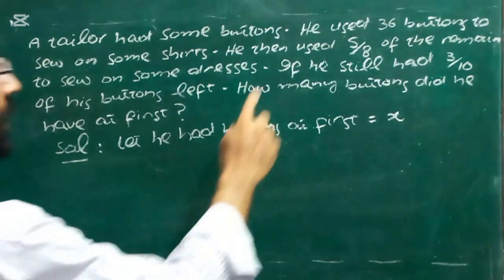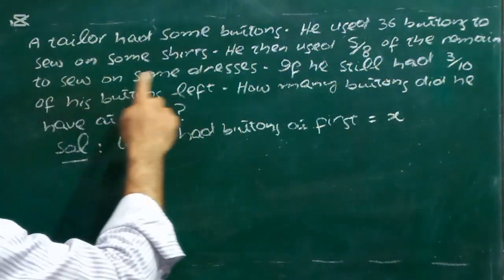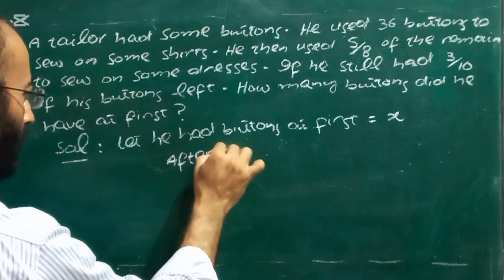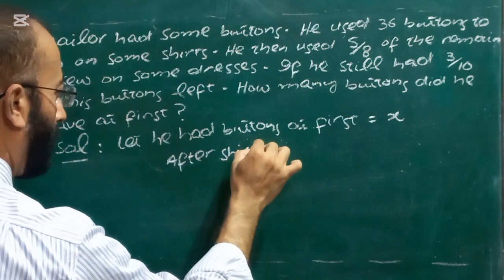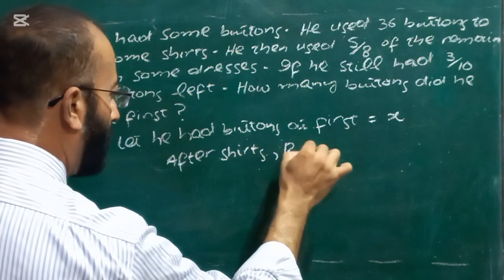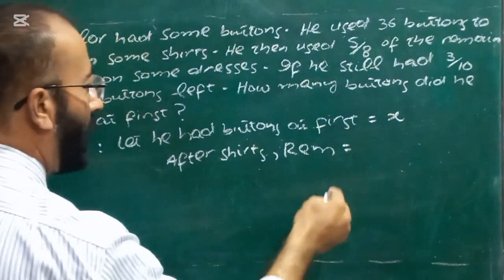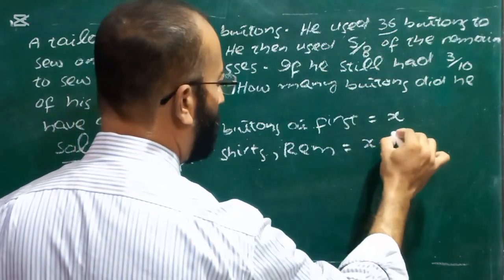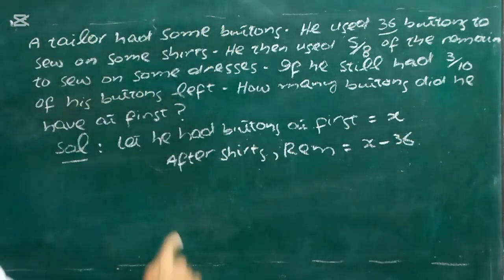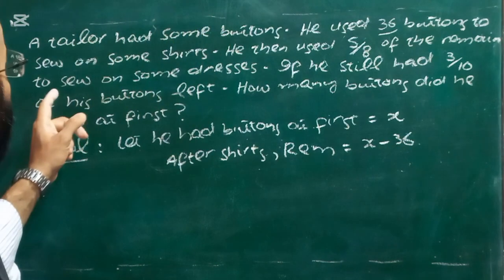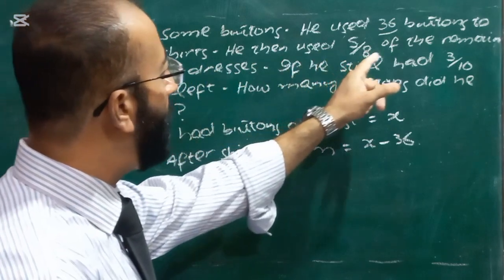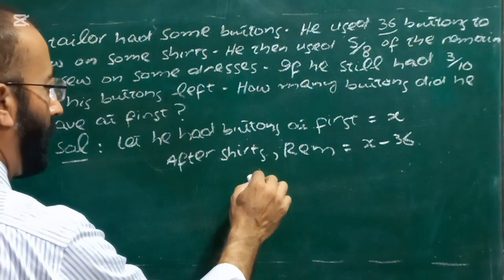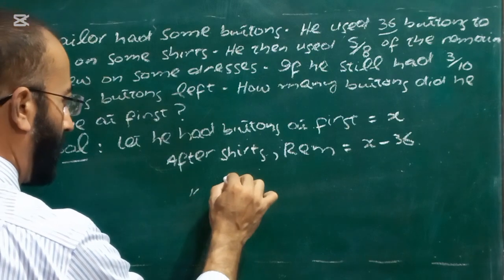Okay, look now. He used 36 buttons to sew on some shirts. So after shirts, the remainder will be X minus 36, as buttons are used in the shirts. So this is the remainder after shirts. Further statement is he then used 5 by 8 of the remainder on some dresses. So the remainder after dresses.